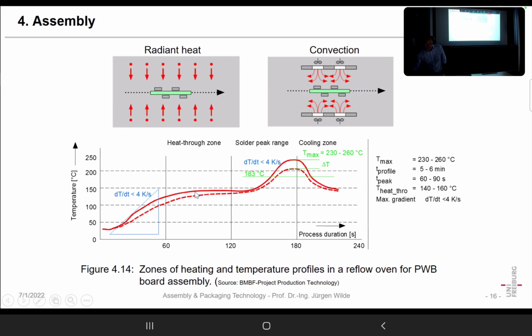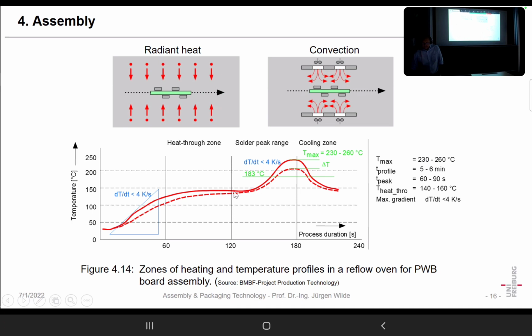Then you typically have a certain preheating phase. You do not go straight to the soldering temperature, but stay a little below. At that temperature, the board is soaked with heat, because in the end, we want to have a relatively fast soldering process.